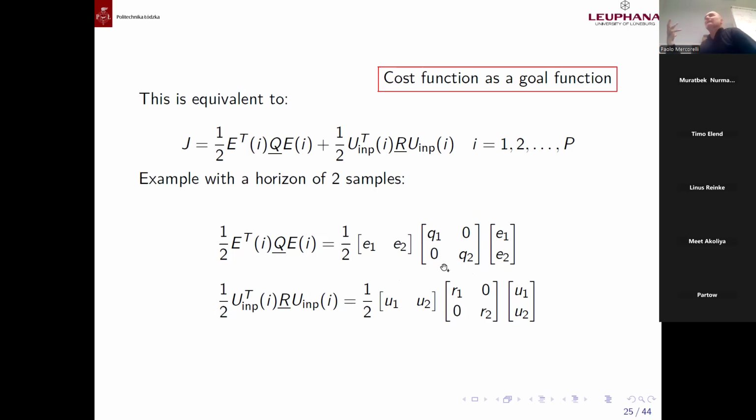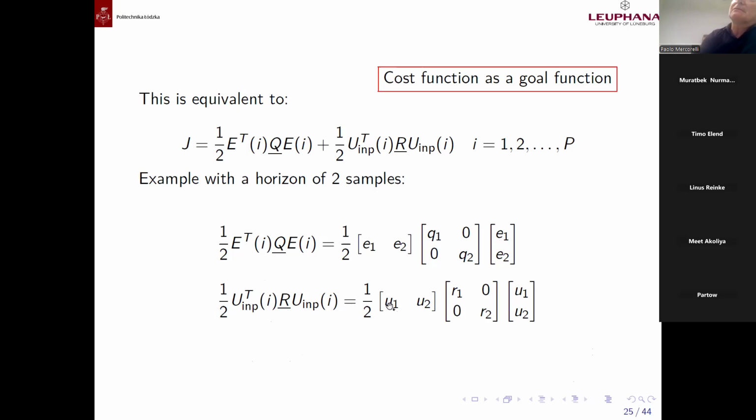Because we can weigh what is more important, tomorrow or after tomorrow. Typically Q1 is larger than Q2, but not necessarily, because we consider it more important to achieve the goal tomorrow instead of after tomorrow.